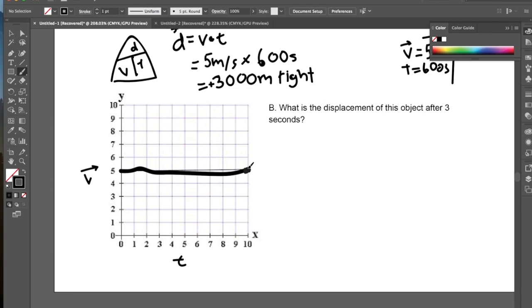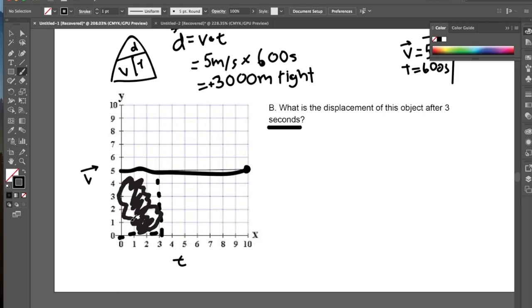If we're going to find the displacement of this object, remember we can just take the area underneath this graph, and we want to find it after 3 seconds. So if I look at the area between the velocity being 5 meters per second and the time being 3 seconds, all I have to do is find this area underneath the graph.